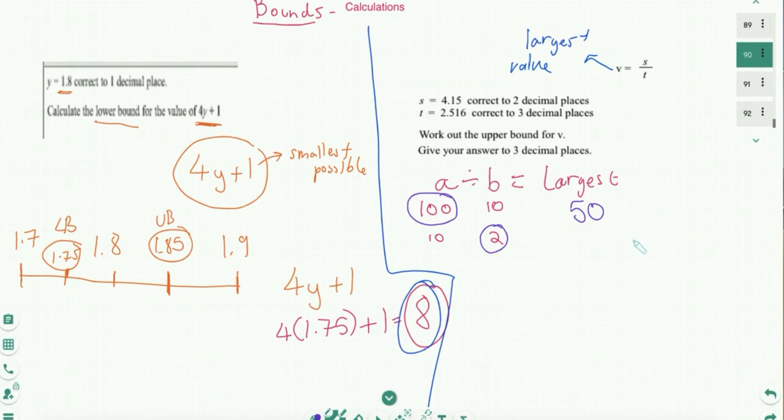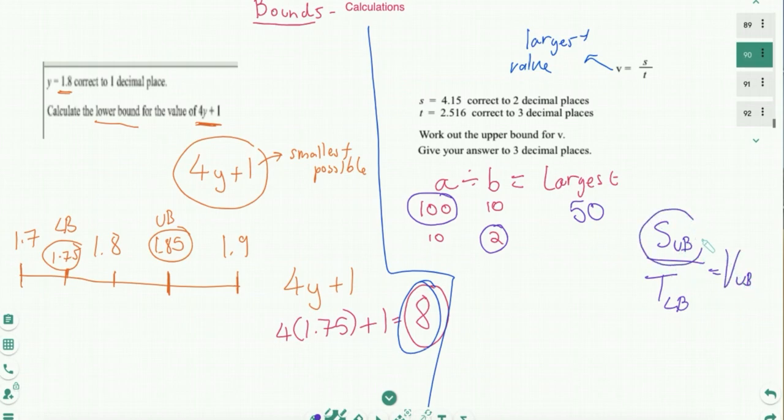So we need to find the upper bound for S. And then for the divisor, the second number, we want the smallest possible value. So for the value T, we want to find the lower bound. And that should give us the upper bound for V.